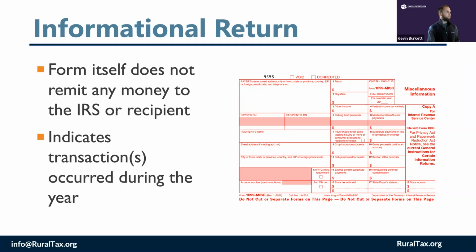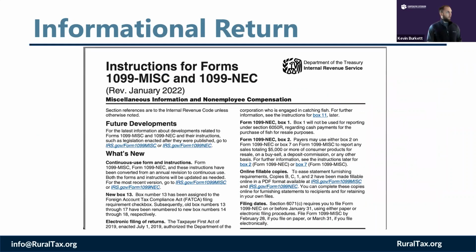And as with most forms that you would see on the IRS and that we might use to file our tax return, they also include instructions for the form. There are, again, other variations of this form, but the 1099 miscellaneous and the 1099 NEC, and we'll go into a little bit more depth on those.